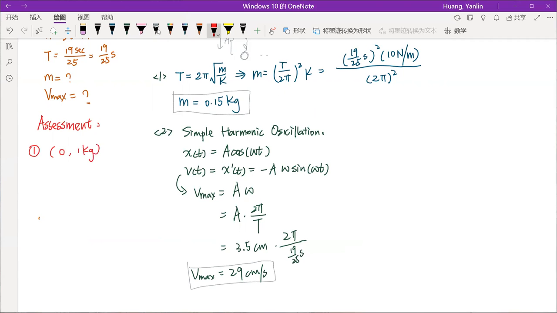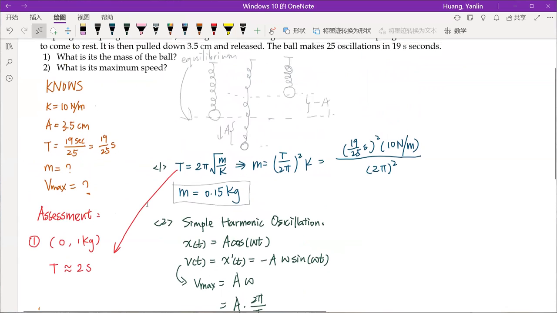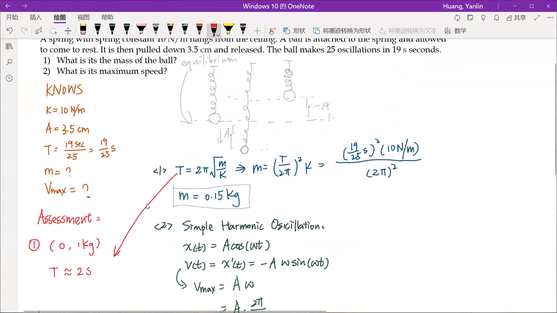I think it is reasonable because, for example, if it were 1 kilogram and we use this formula, we could get a result of approximately 2 seconds to complete one period, which doesn't make sense because initially it takes less than 1 second to complete one oscillation.